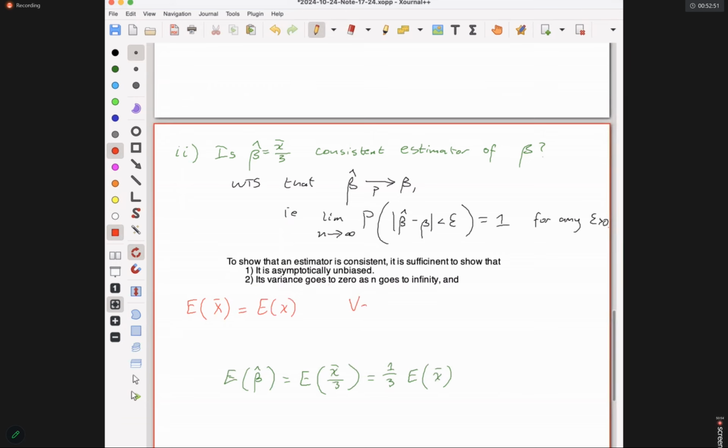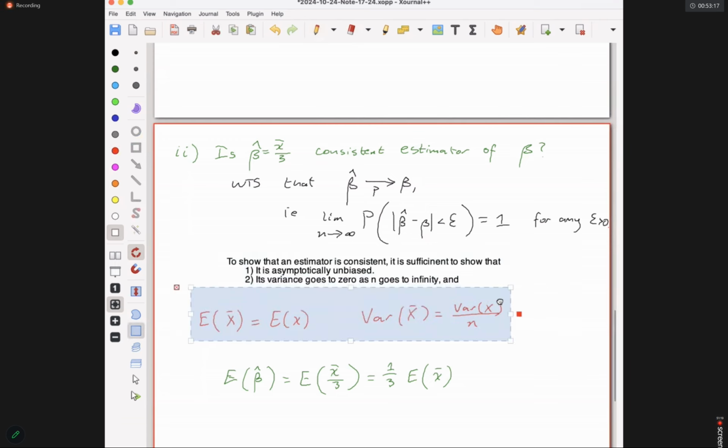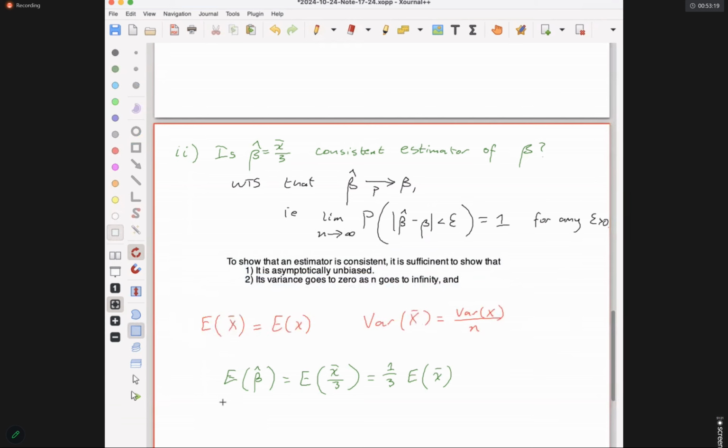Additionally, and we're going to use this later, the variance of x bar is equal to the variance of x divided by n. Does this make sense?